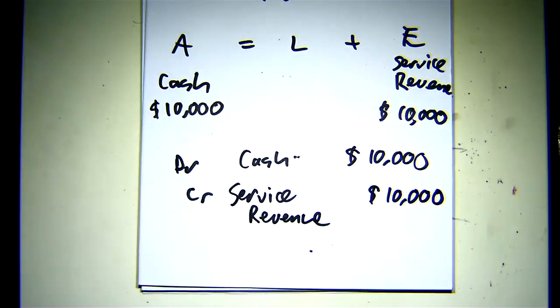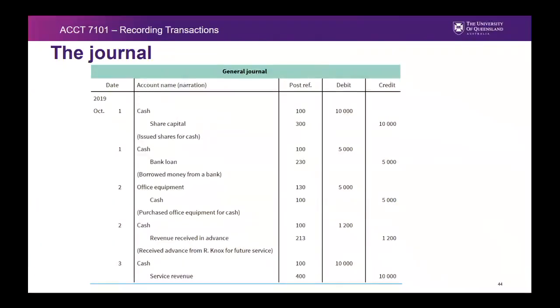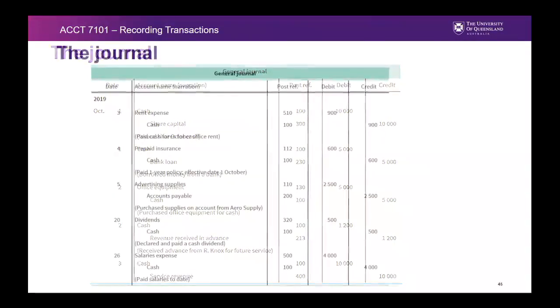Okay, so revenue has a normal credit balance, so we credit service revenue where we earn revenue. So that was there. Let's look at the next slide.